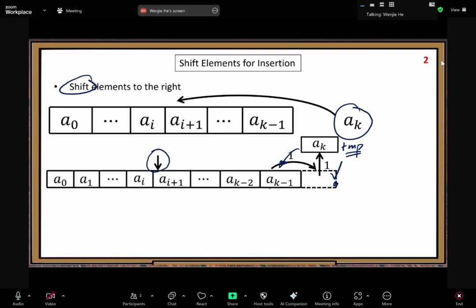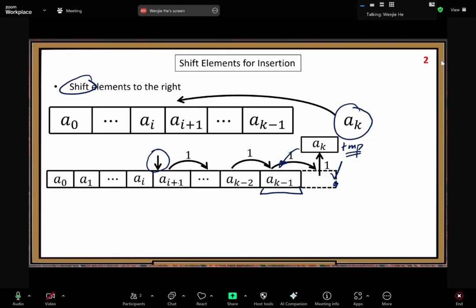After the shift, this location is empty. Then we compare A[k] with the next element, A[k-2]. If A[k-2] is still greater than A[k], then we do another shift operation, one position to its right, and so on.